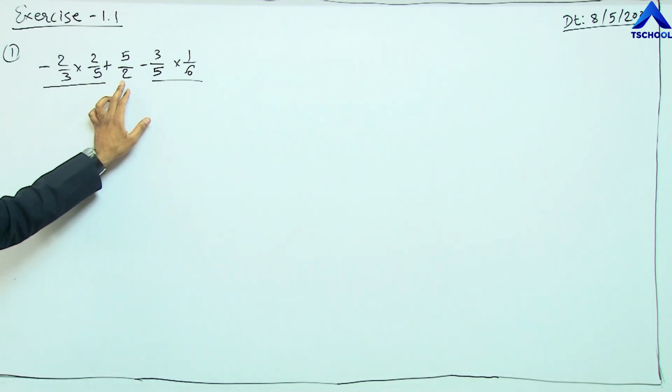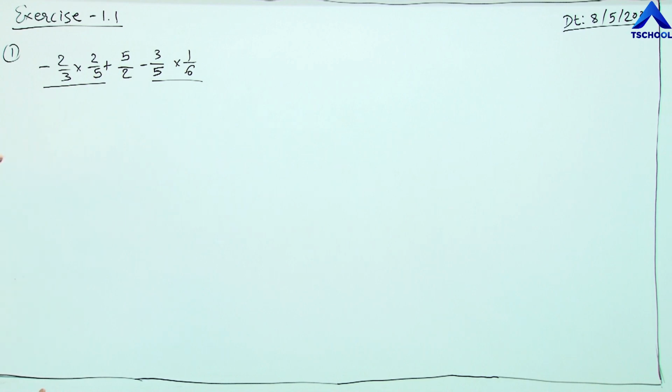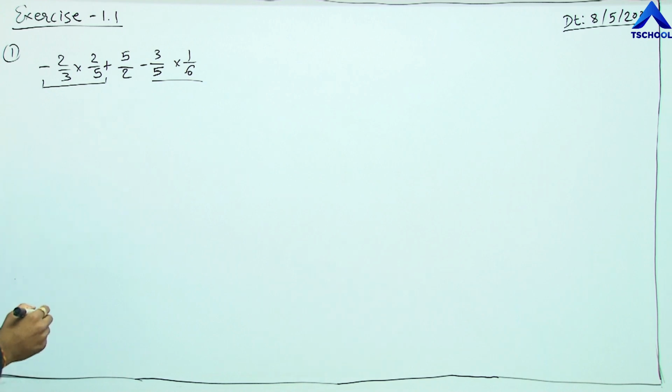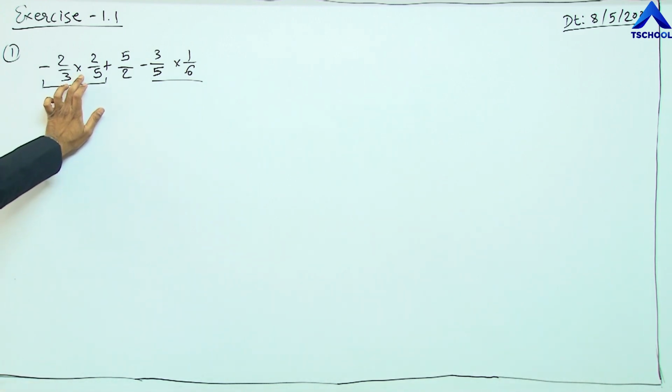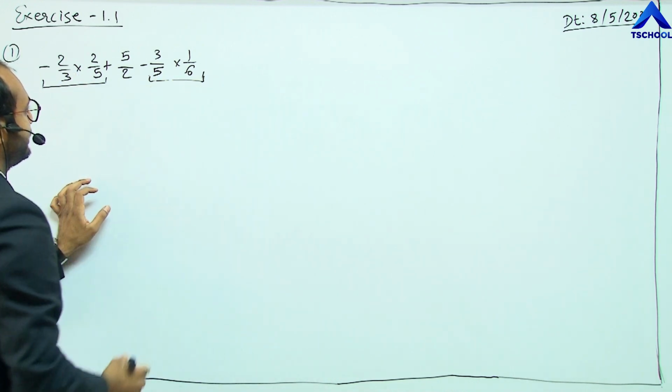And here this is added. So first of all, we look for any number that is the same in two terms. Here is 2 by 3. No. So let me do the multiplication process first here, and then we will do this multiplication second.